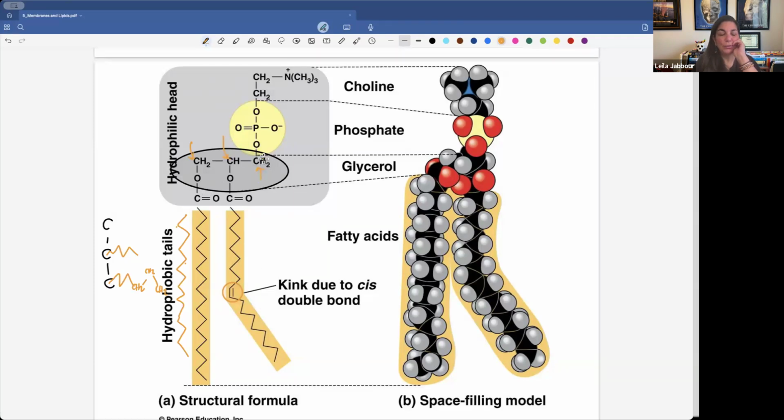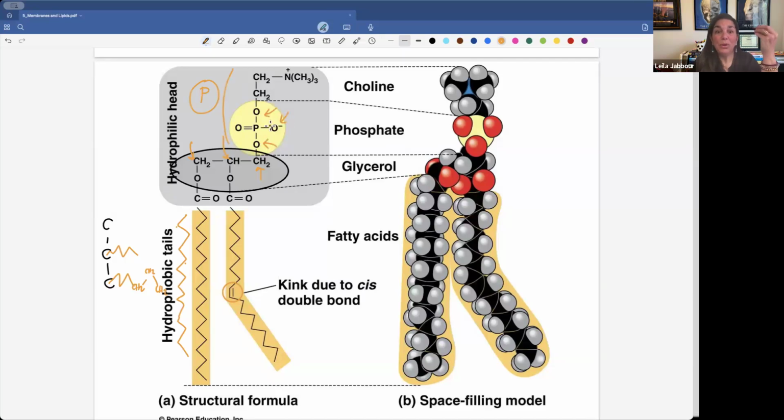On the third carbon, instead of fatty acids, we have a phosphate group. So usually we just throw a P and a circle around it. But if we could look inside, it's actually a phosphate with oxygens attached to it. And there's even a nitrogen over here. And as you know from reading the previous lecture on chemistry, these are very electronegative atoms.